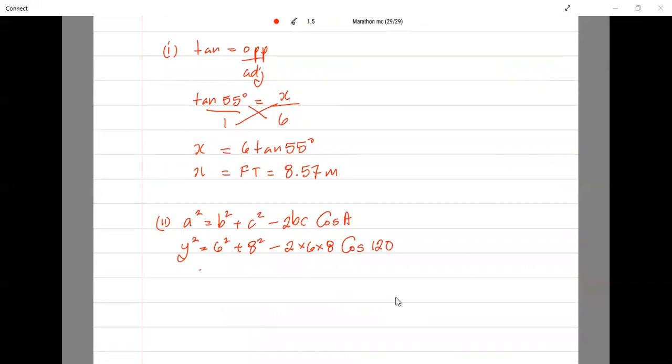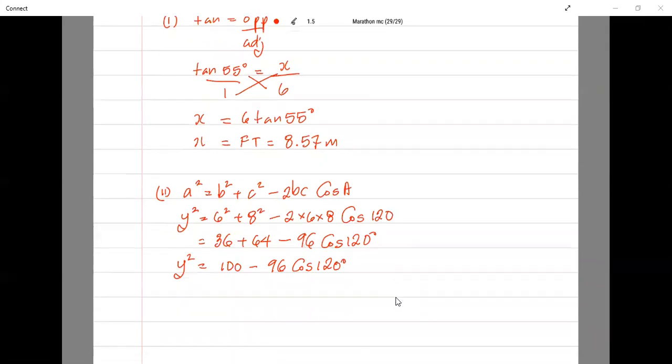So this is going to be 36 plus 64 minus 96 cosine 120 degrees. This is going to be 100. So y squared is equal to 100 minus 96 cosine 120.